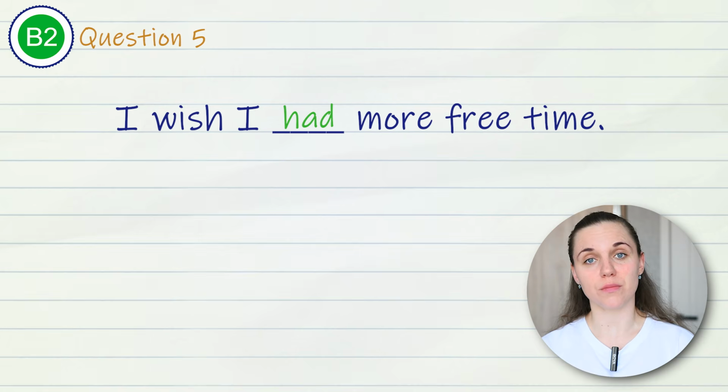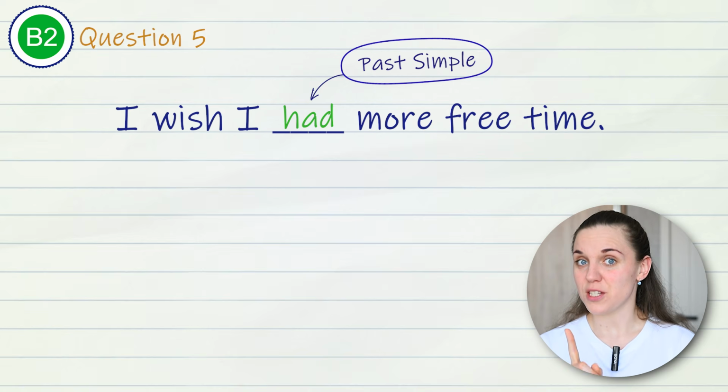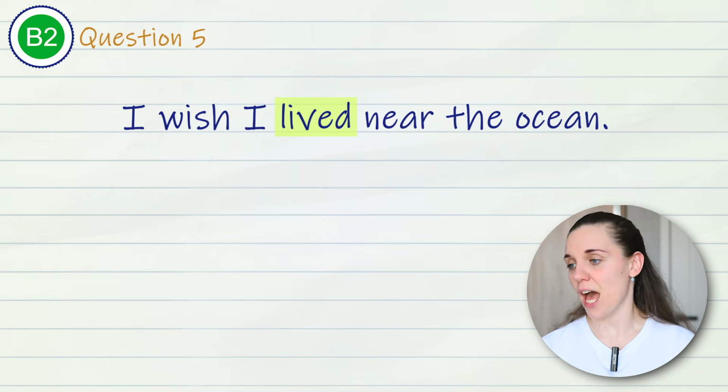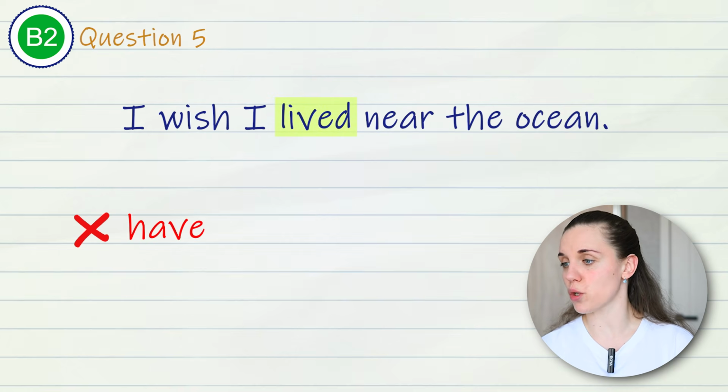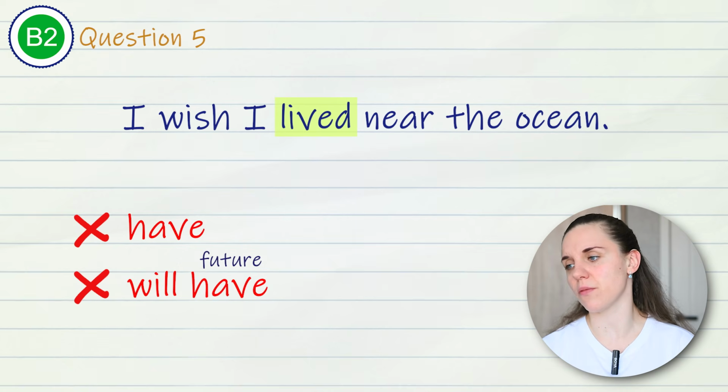After I wish, we use past simple to talk about present situations we want to change. For example, I wish I lived near the ocean. Have is incorrect here, and will have is about the future. It has the future meaning, but here now it's incorrect. Clear? Let's move on. And we're halfway through this level as well.